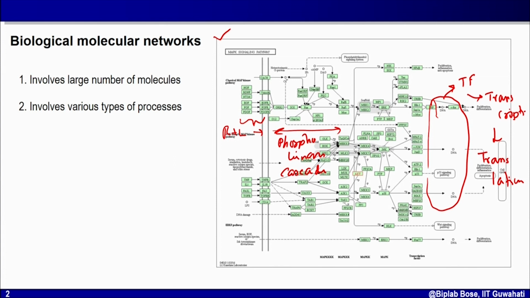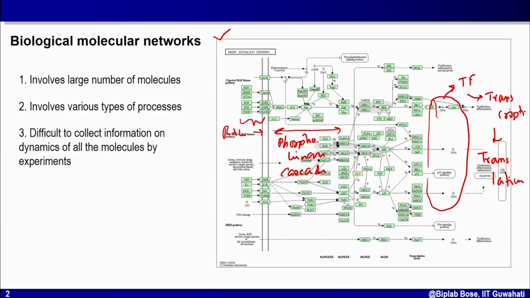Some are ligand receptor binding, some are phosphokinase cascade of reactions, one after another, and then at the end there is transcription and translation. Apart from that, there is obviously degradation of proteins using a particular pathway. So a molecular network which eventually may control, suppose, cell cycle or growth of the cell is made up of multiple molecules involved in multiple processes.